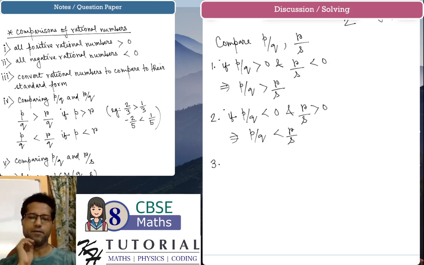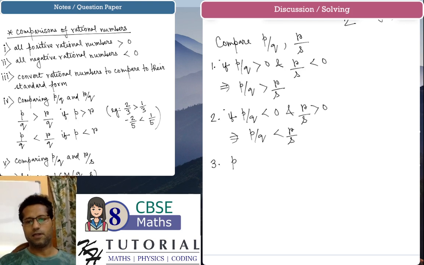How do we compare? Now we have to discuss case by case. Let's say in the two rational numbers the denominator is the same. Let's say the rational numbers are p by q and r by q.